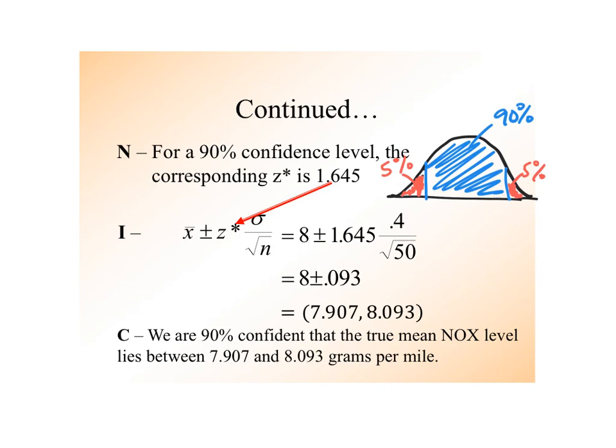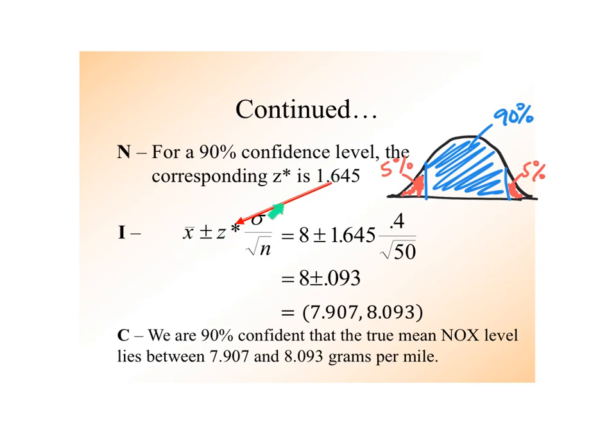Okay, so now step I, the calculation part. What was our sample mean from the problem? The average NOx level was 8 grams. You remember if you look at the handout.